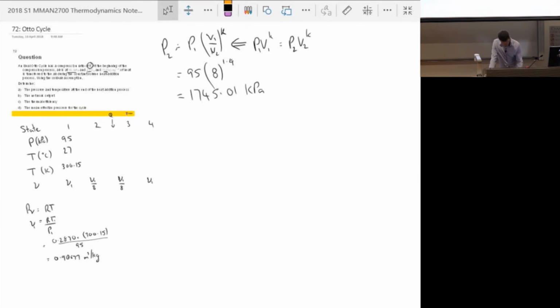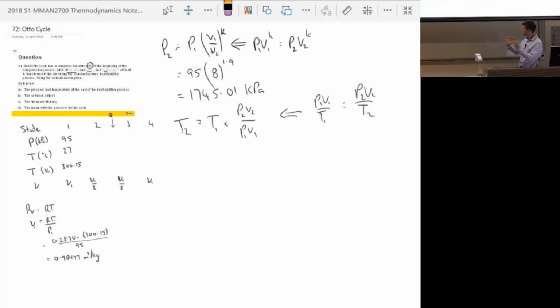Now, our temperature 2 equals temperature 1 times P2 V2 on P1 V1, and that's from PV on T equals constant, our combined gas law.